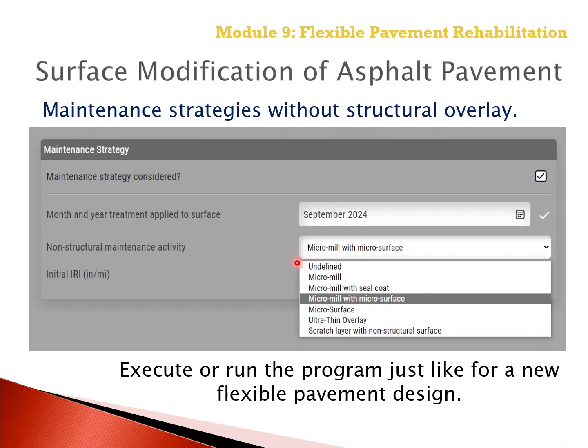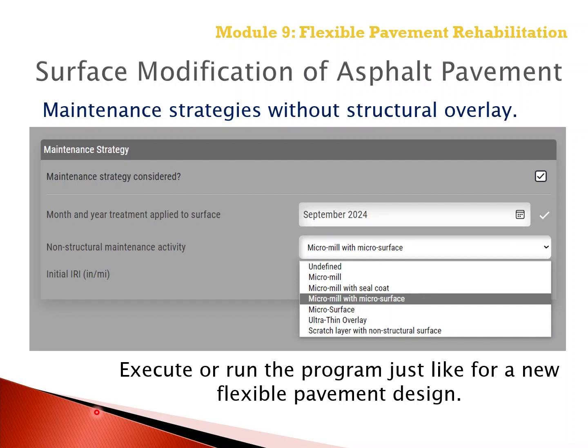So run the program just like for a new flexible pavement design, going back from the original construction date through the initial period of performance where the pavement is still structurally adequate, and then checking the additional 15-year or 20-year service life using these non-structural maintenance activities and or surface modifications.